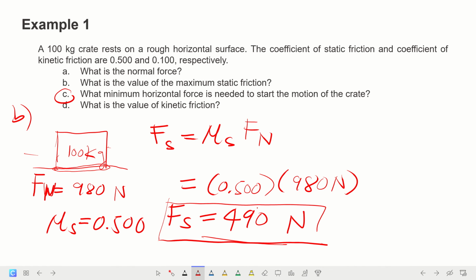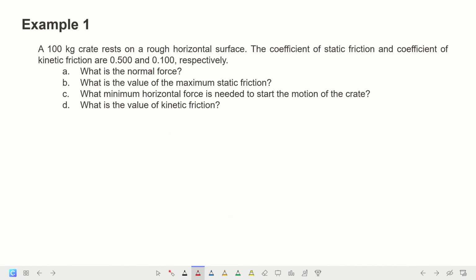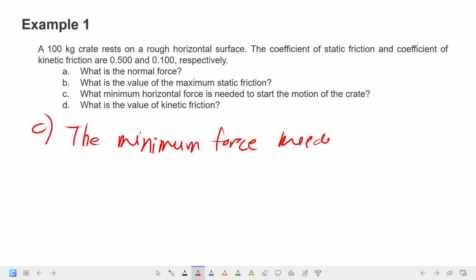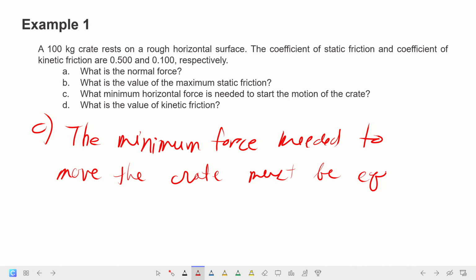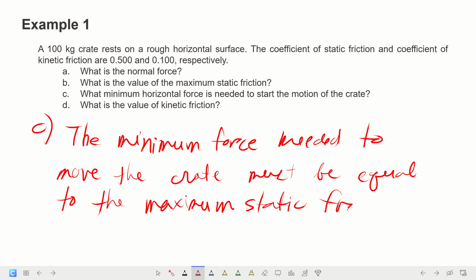Ayan. So, isulat natin sa ating next page. That for letter C, the minimum force needed to move the crate must be equal to the maximum static friction.